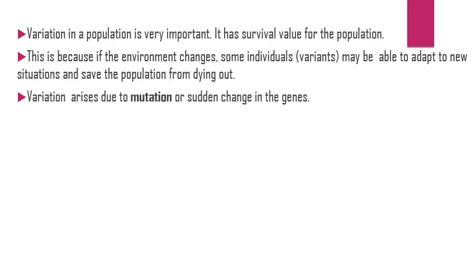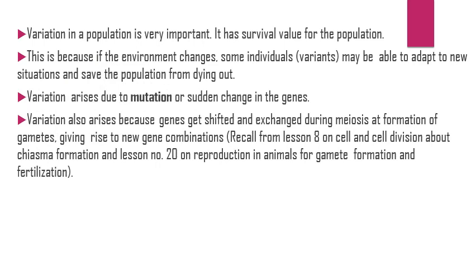Variation arises due to mutation or sudden change in the genes. Variation also arises because genes get shifted and exchanged during meiosis at formation of gametes, giving rise to new gene combinations. Just recall from lesson 8 on cell and cell division about chiasmata formation, and lesson number 20 on reproduction in animals for gamete formation and fertilization.